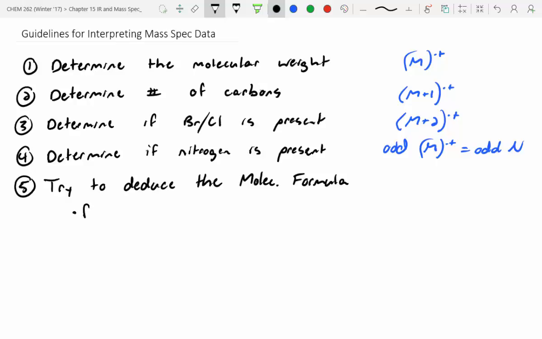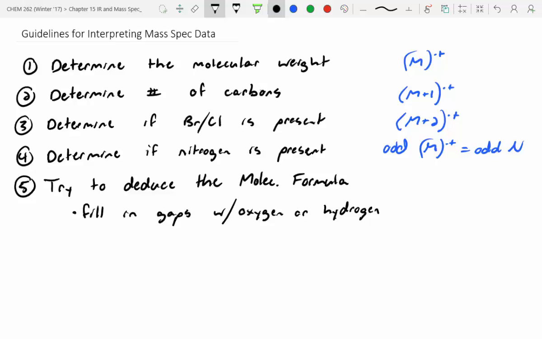And it's important to fill in gaps with oxygen or hydrogen. Kind of like we did the other day, figure out the mass that you're missing and try to fill in that gap with oxygen or hydrogen the best you can. You might not be able to definitively do it, but you might be able to narrow it down to a couple of potential options and then work from there.